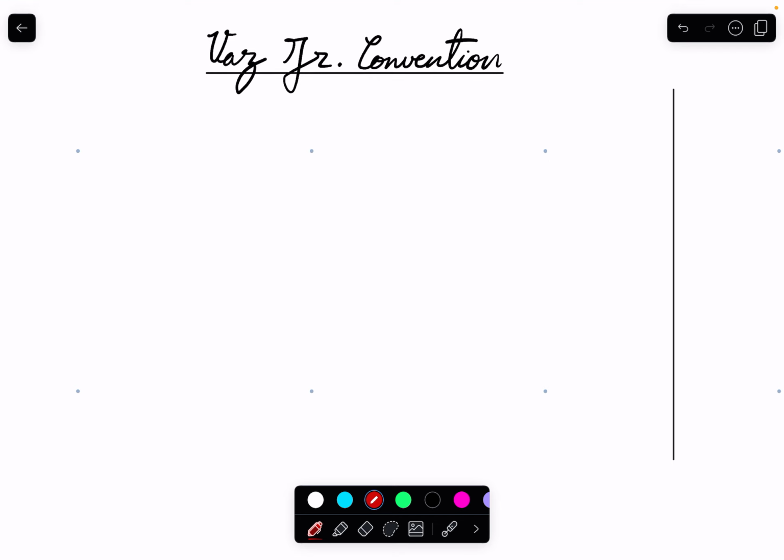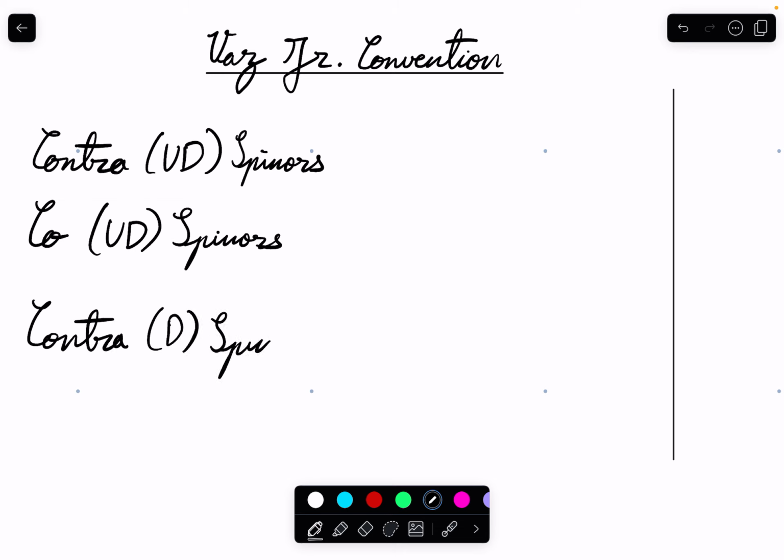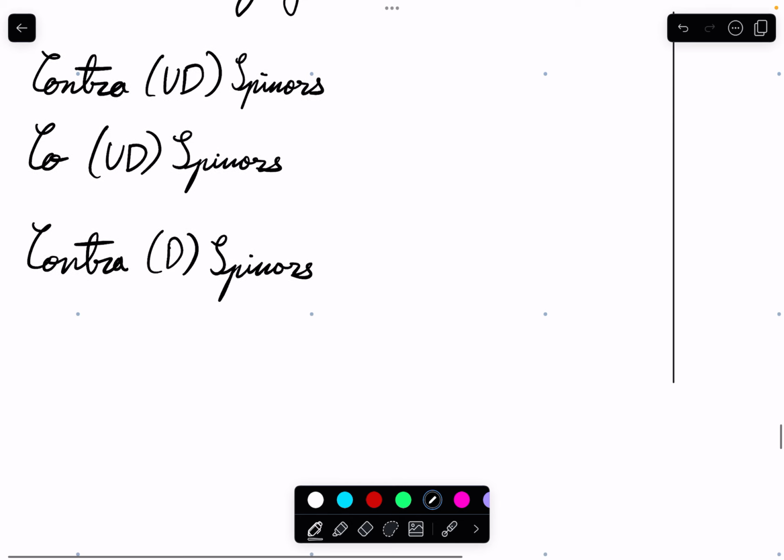In the Vaz and Vaz Junior convention, you end up with what are called contravariant undotted spinors, and then covariant undotted spinors, and then contravariant dotted spinors and covariant dotted spinors.